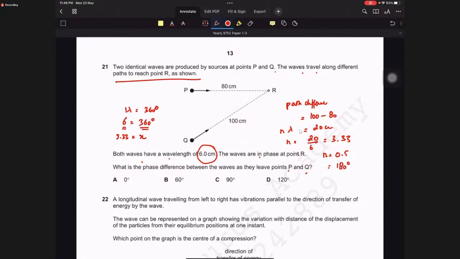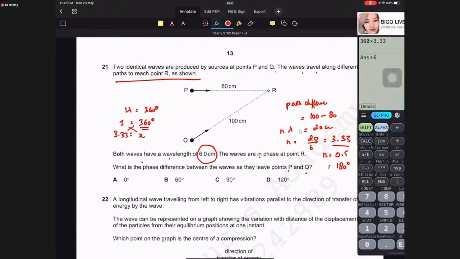This is beyond that, for that matter of fact. So if I was finding, let's say this is just 1, n is 360. If this is 1, this is 360. I'm comparing wavelength, but this is n. So this is 3.33. So let's try this one.